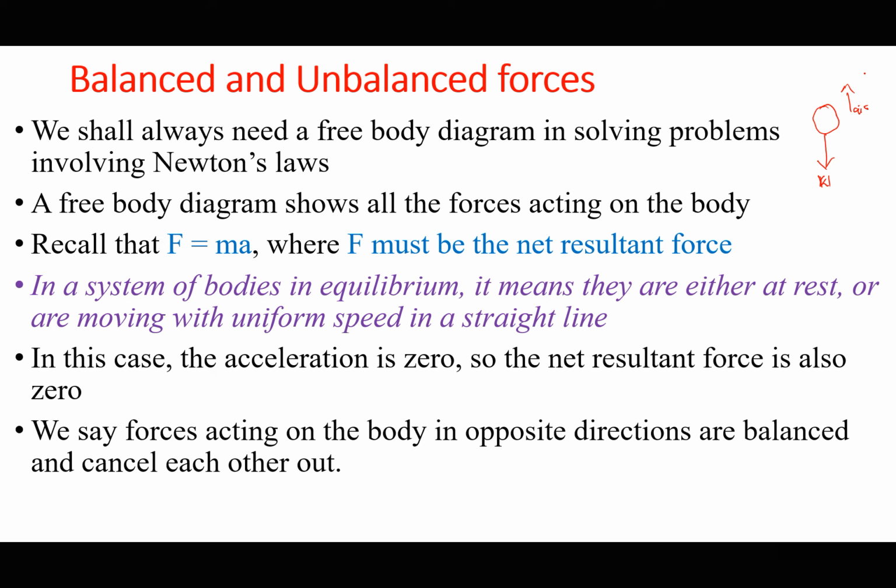So the net resultant force is going to be downwards initially, because initially the force due to air resistance is in the opposite direction to the motion towards the ground. So the speed is going to be increasing because the motion is downwards, and the resultant force is also downwards because the weight is greater than the air resistance initially.